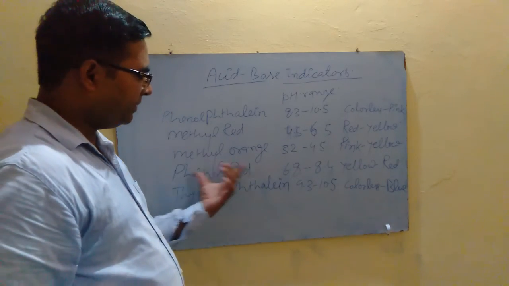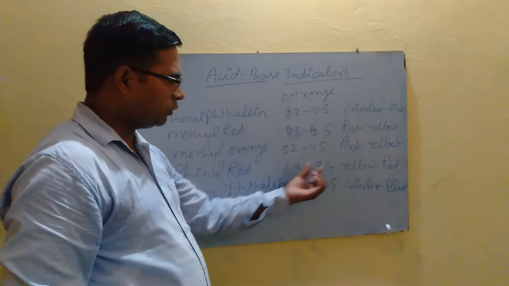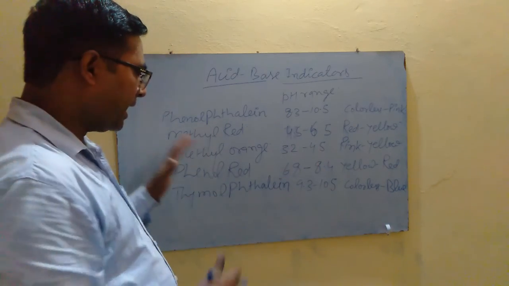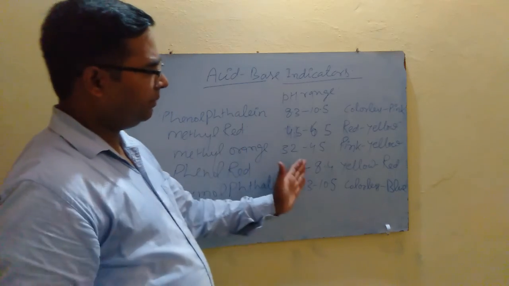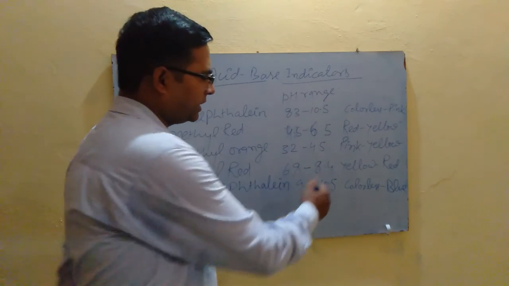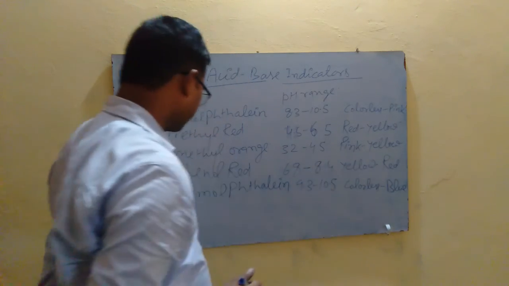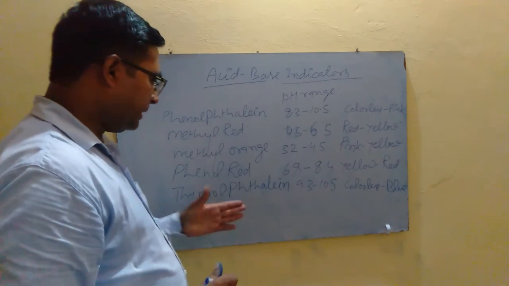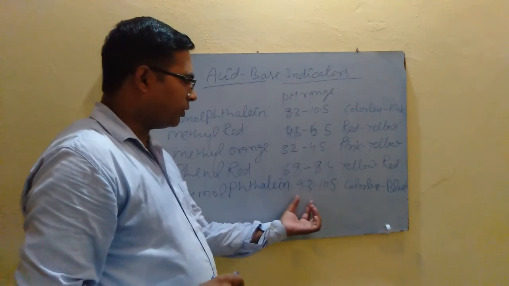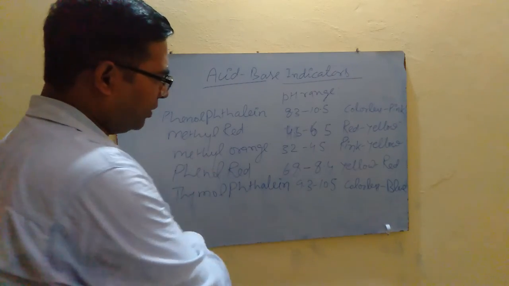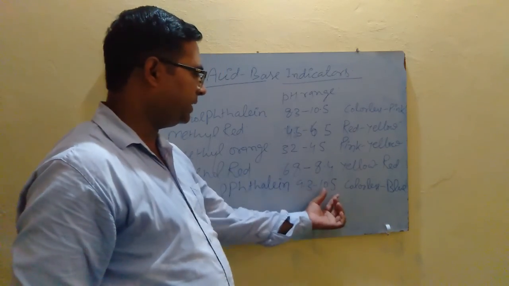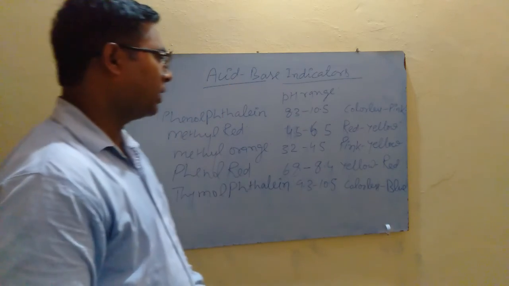Phenol red, its pH range is 6.8 to 8.4. So it is yellow in color before pH 6.8 and after pH 8.4 its color is red. And the pH range of thymolphthalein is 9.3 to 10.5. Its color before pH 9.3 is colorless and after pH 10.5 it gives blue color.